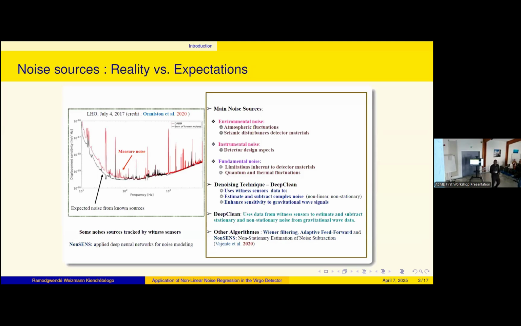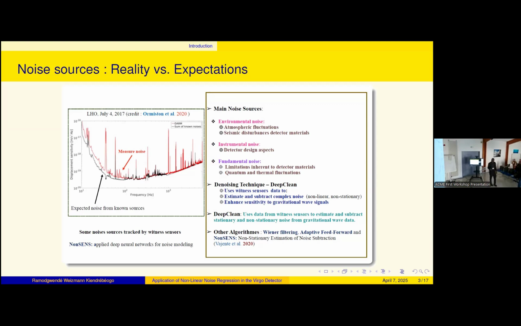Now we have the problem. The noise in the detector comes from many sources, some well understood and some we don't know. And these noises can couple with the signal in a complex way.